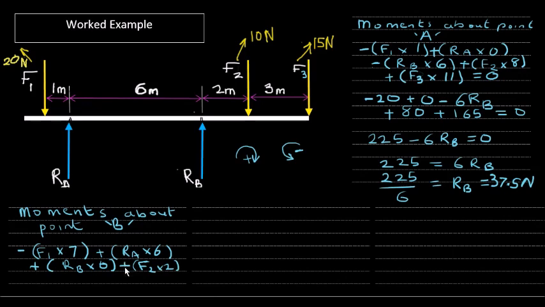F2 times 2 because the distance is 2, and F3 times 5 because the distance is 5, and all that must be equal to 0 according to the third condition of static equilibrium. So at this point we're going to open the brackets up, tidy up the calculations, and have our equation as we had it before, and then solve that equation to find RA.